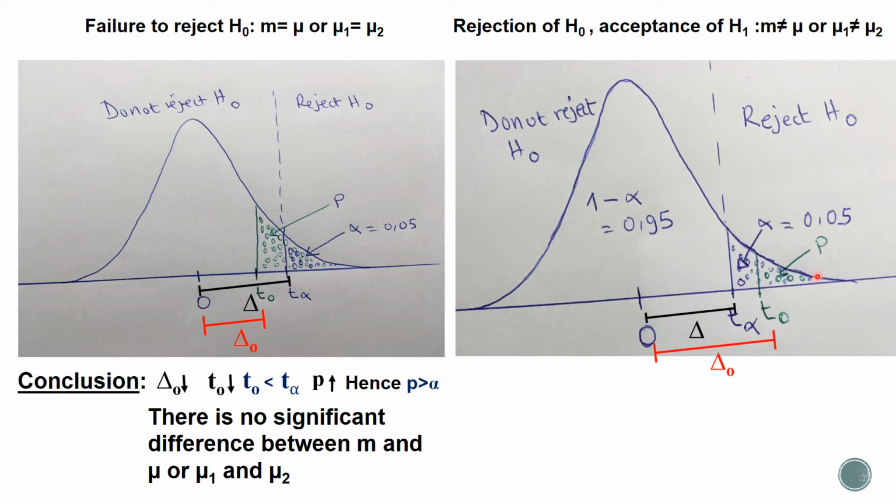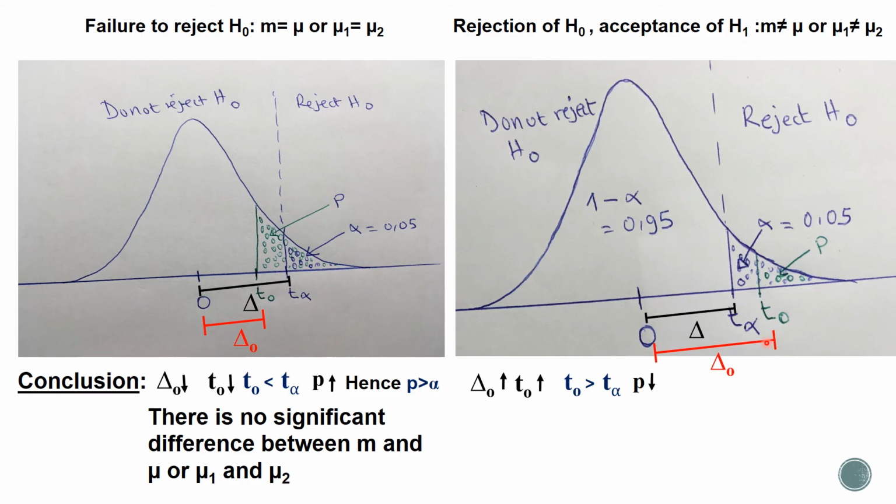So as you can see, if the observed difference is greater than the theoretical difference, then it means there's something that's responsible for this difference here. So when this observed difference increases, what happens? We have a greater statistical value, that's to say the observed statistical value would be greater than the theoretical statistical value.